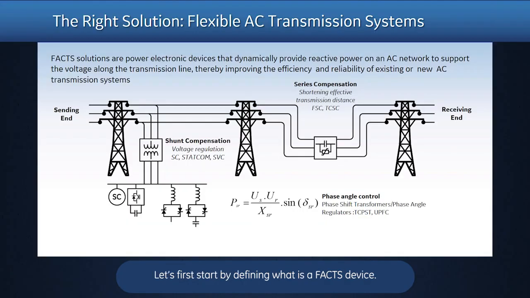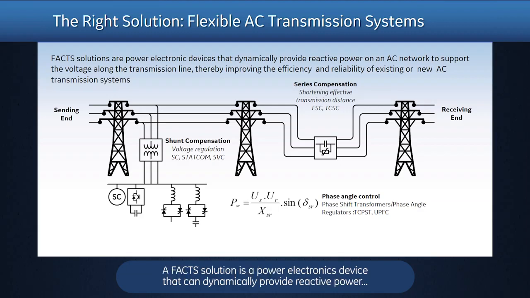Let's first start by defining what a FACS device is. The FACS solution is a power electronics device that can dynamically provide reactive power on an AC network in order to support the voltage along the transmission line, hence improving the efficiency and reliability of an existing or of a new AC transmission line.